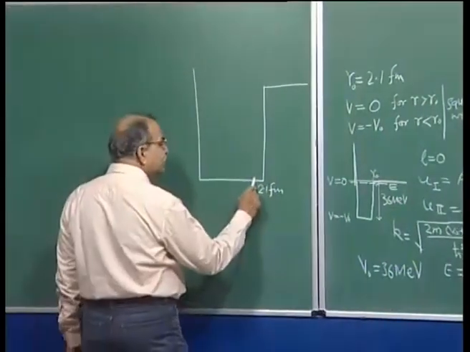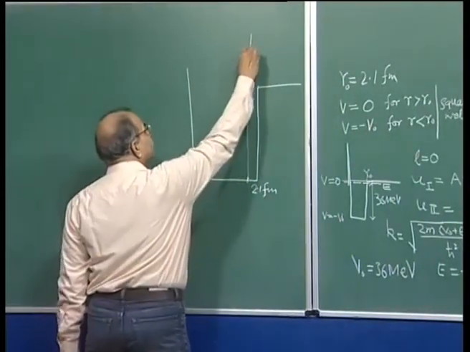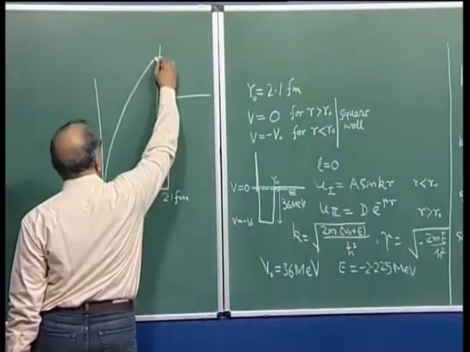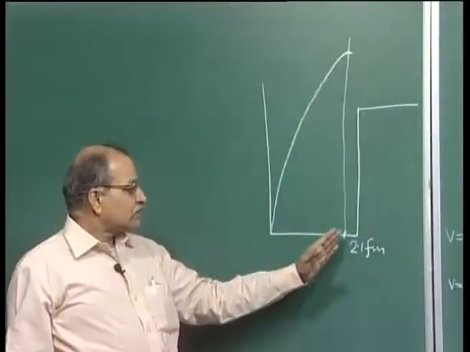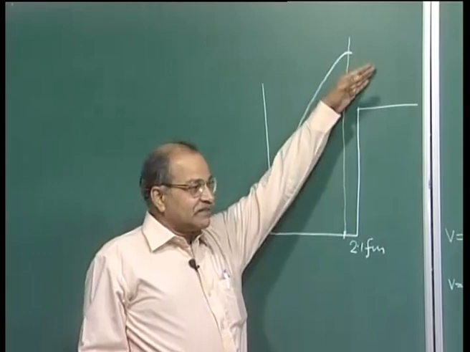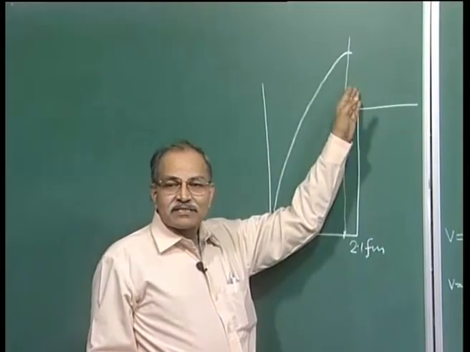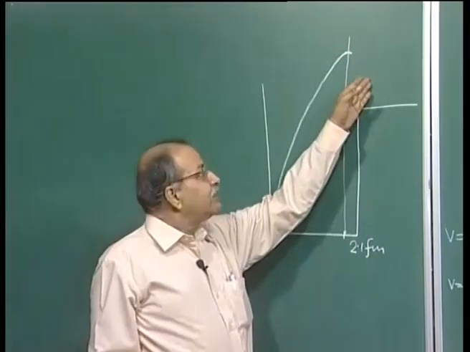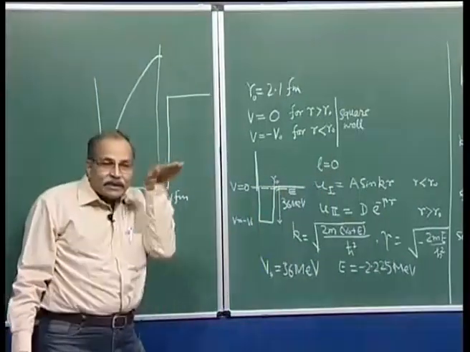So, this wave function if you are plotting, u if you plot the sine curve, it is maximizing somewhere here, at kr equal to pi by 2, and after that it is decreasing, but you get this 2.1 femtometers just after this. So, in this much of distance it has to fall, and if this is 1, it has to fall to 0.95 only, 5%.